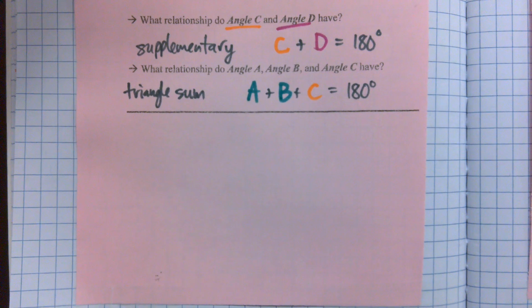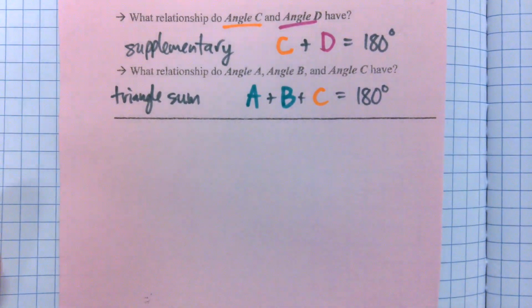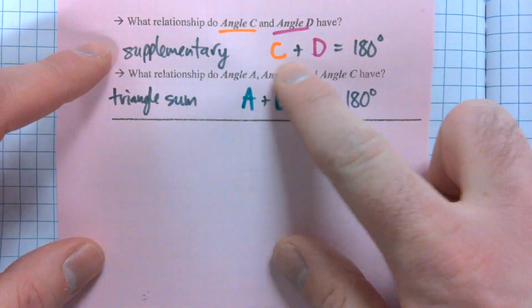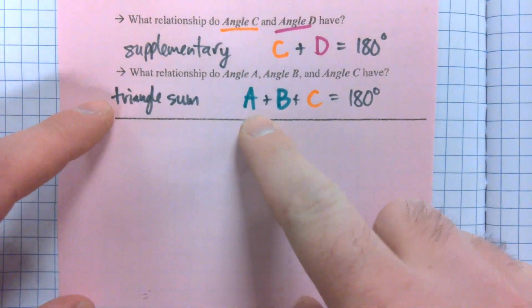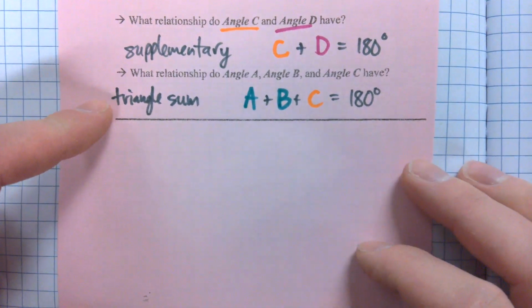This is where we're going to derive or discover our exterior angle theorem from. The first relationship, C plus D equals 180. Our second relationship, A plus B plus C equals 180.